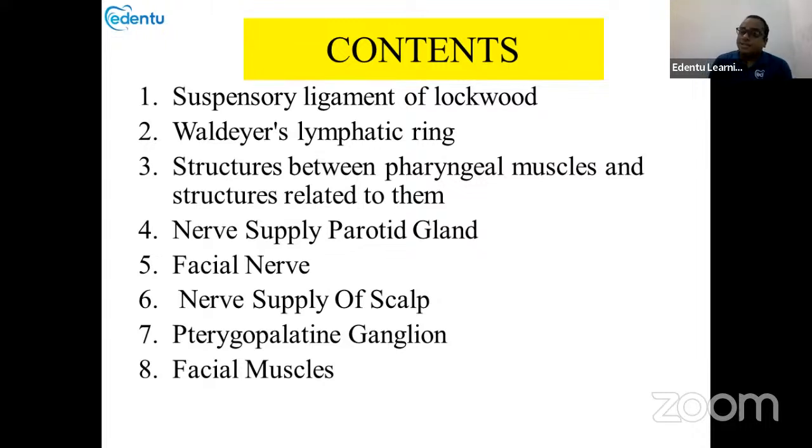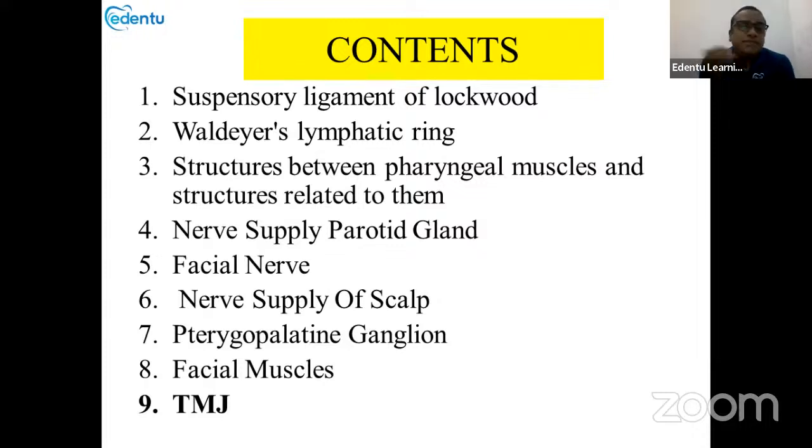Then facial muscles. How to remember the facial muscles? Some 18 or 20 facial muscles are there in our face. How to remember them in order with a mnemonic? I'll be discussing them. Then towards the end, I'll be discussing a big main question, the temporomandibular joint. This is a question which comes in any university.